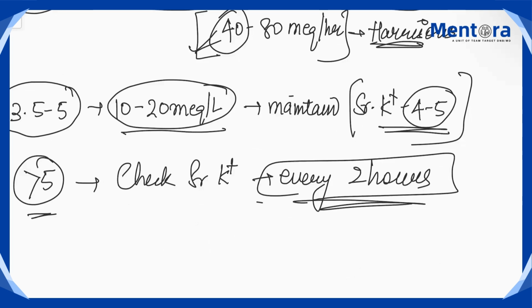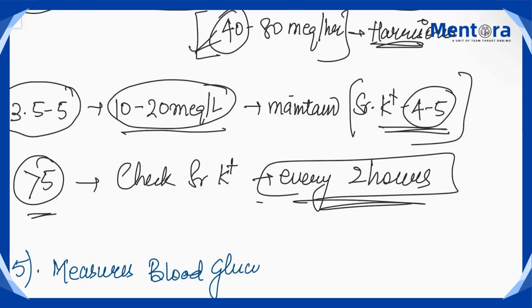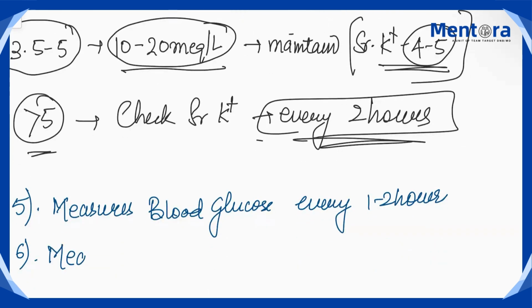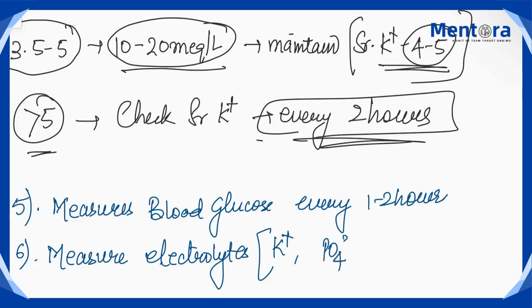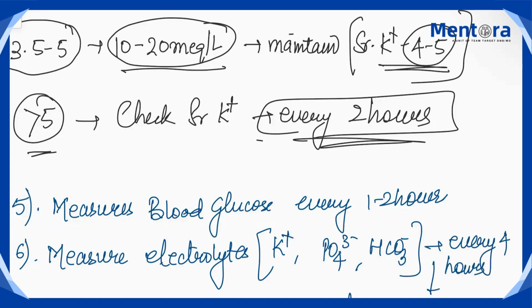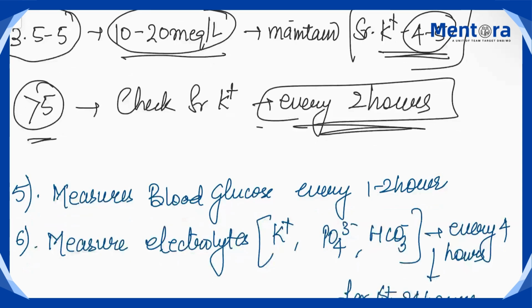So next point, 5th point, you have to measure your blood glucose level while working in DKA every 1 to 2 hours. So measure blood glucose every 1 to 2 hours. Okay. Measure all your electrolytes, that is your potassium, your phosphates, your bicarbonates every 4 hours for first 24 hours. ठीक है.